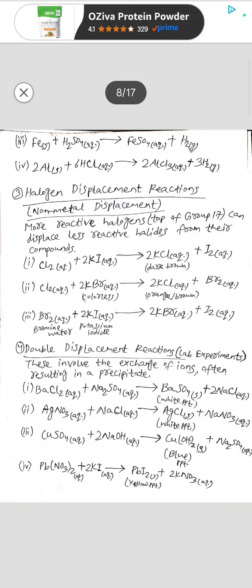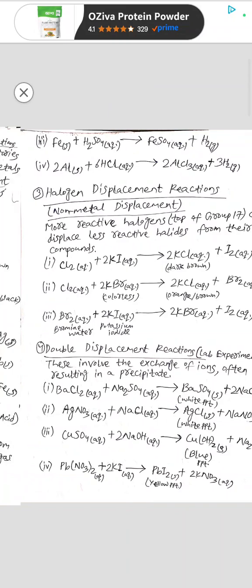Then halogen displacement. Halogen means fluorine, chlorine, bromine, iodine. These are the halogens. So this is also non-metal displacement. When a more reactive halogen will displace the less reactive halide. Okay. And the fourth one is double displacement. We will read it separately, double displacement. This is the fourth type of chemical reaction.